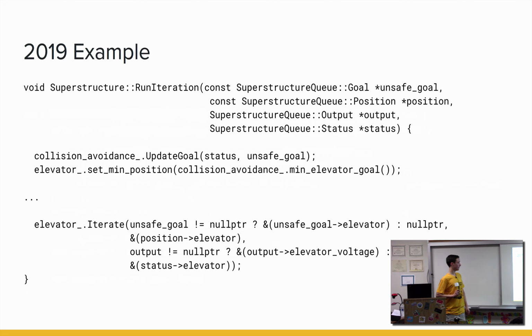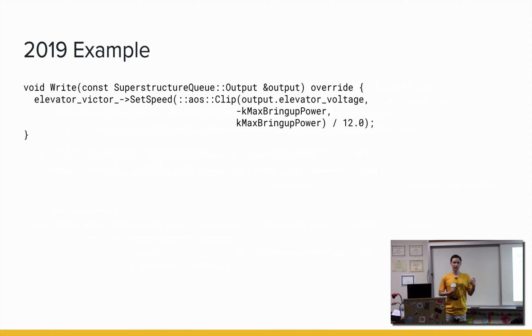And then we can see here in the backend Wpilib interface, we're getting passed an output message. This is the same output message that the superstructure control loop code generated in the previous iteration. And now all we're doing is setting that speed on the robot output.